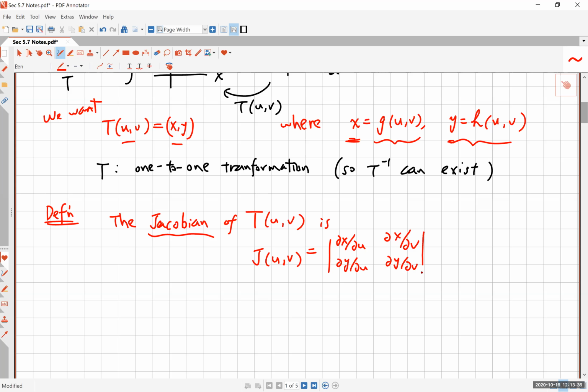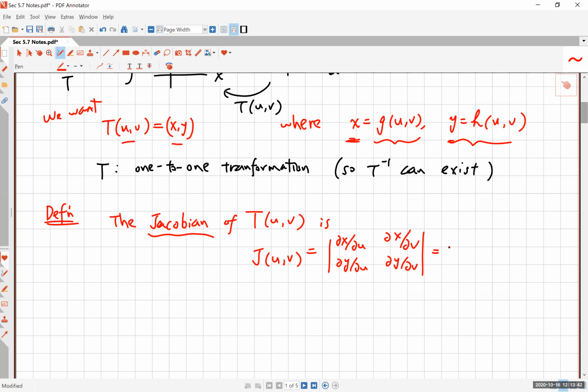And so this is a 2x2 matrix, right? Okay, and so of course, if you want to write this, it's the partial of X with respect to U times the partial of Y with respect to V, you go this way, and then minus the product of these, the partial of X with respect to V times the partial of Y with respect to U. All right, so I'm going to erase this.